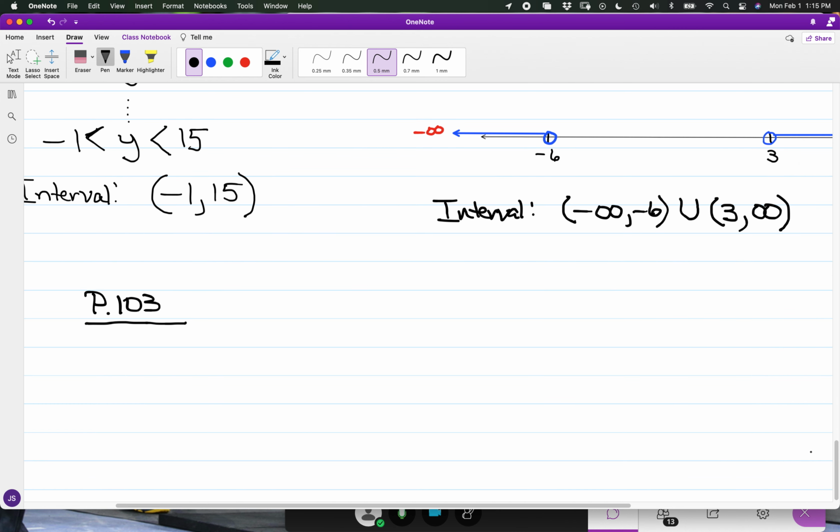Say if you have in number 49, we have 2 times the absolute value of x plus 3 minus 4 is greater than or equal to 6.